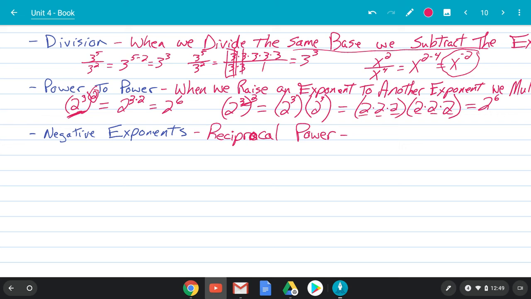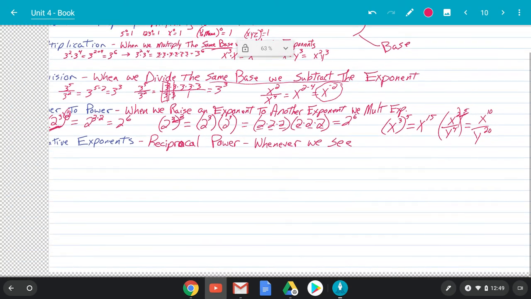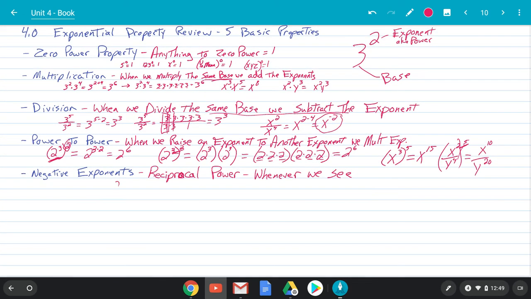Because whenever we see a negative exponent, we must flip it.